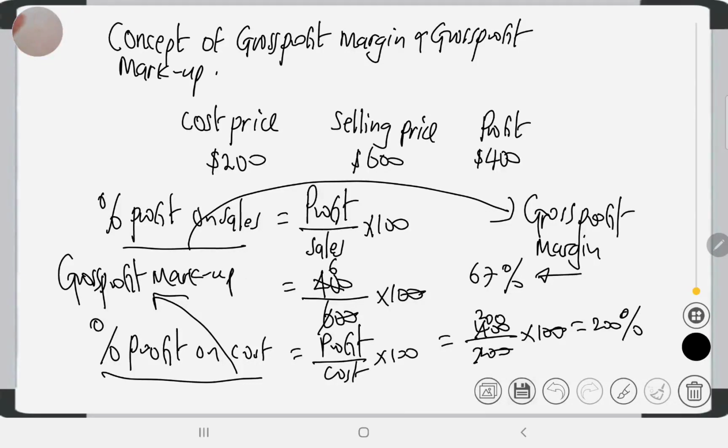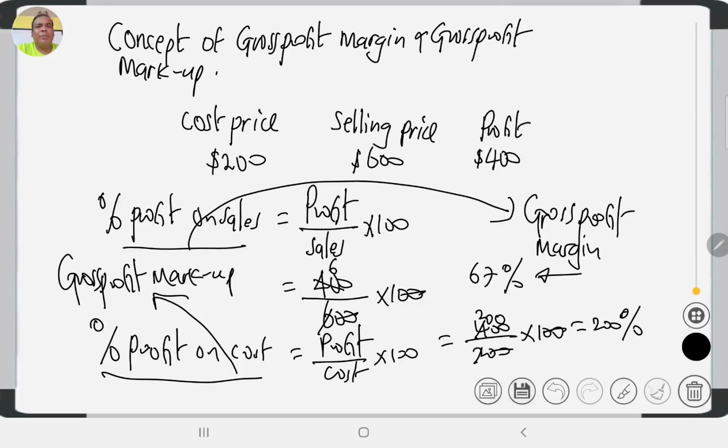So there are two ways to calculate profit in terms of percentage. We can calculate it in terms of percentage of sales, what we call gross profit margin, or we can calculate it in terms of cost of sales, what we call gross profit markup.